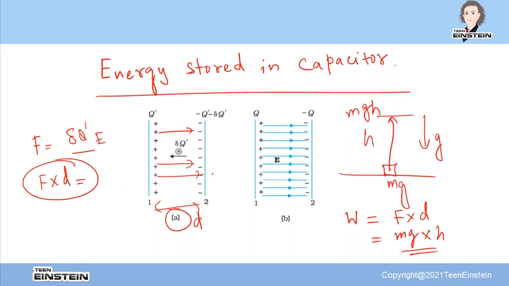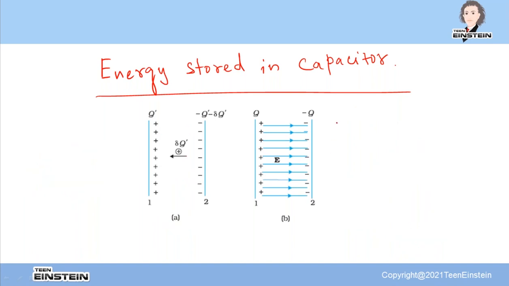So now we'll derive the expression for that. As I told, we have to find out the work done. Let me repeat: the initial situation was conductor 1 and conductor 2 with no charge. Now I take charge bit by bit from conductor 2 to conductor 1.